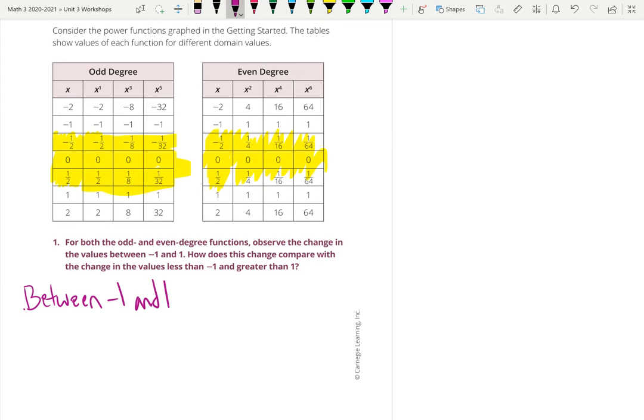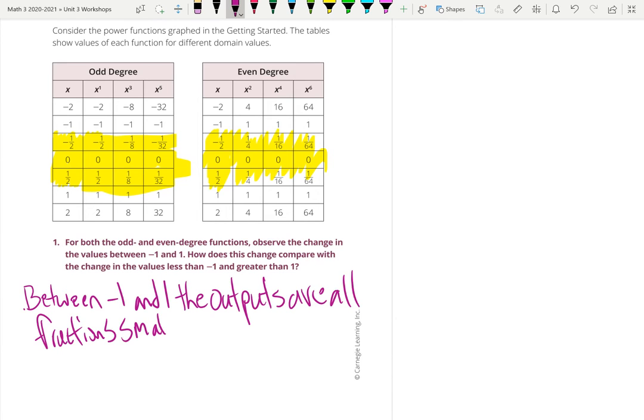Between -1 and 1, the outputs are all fractions smaller than 1.